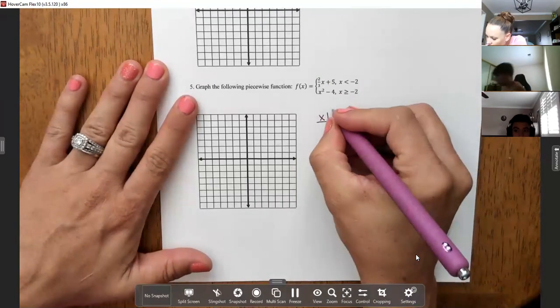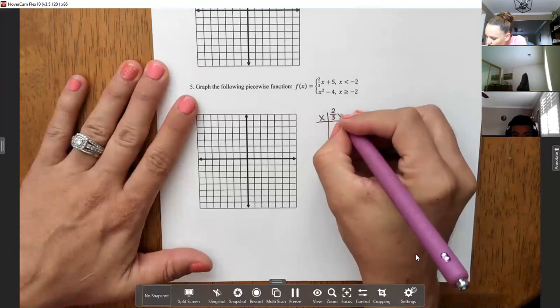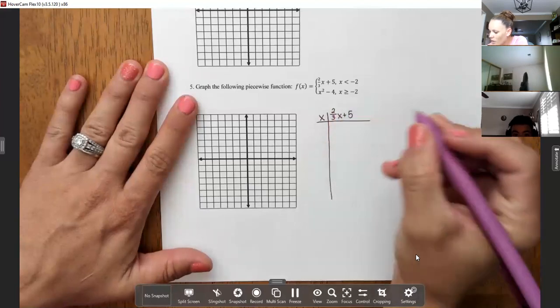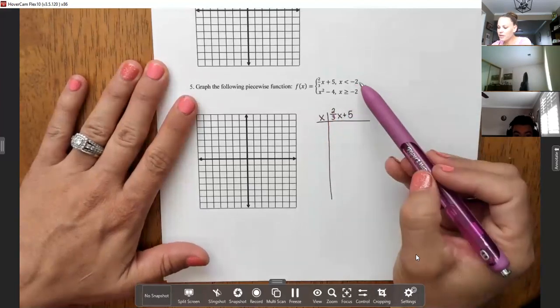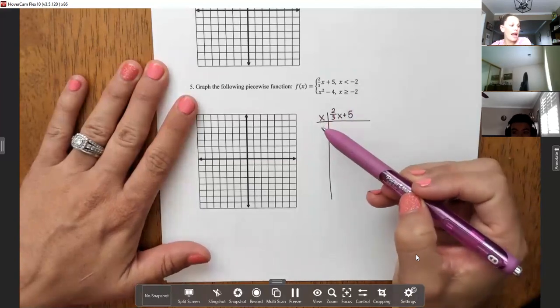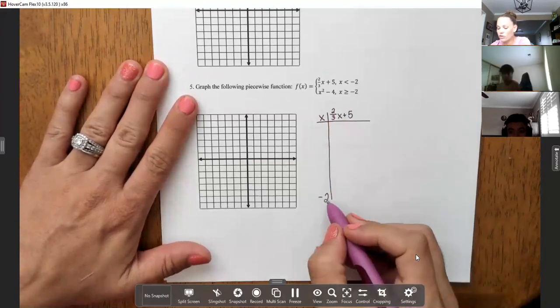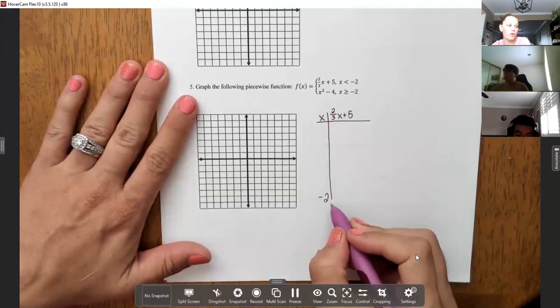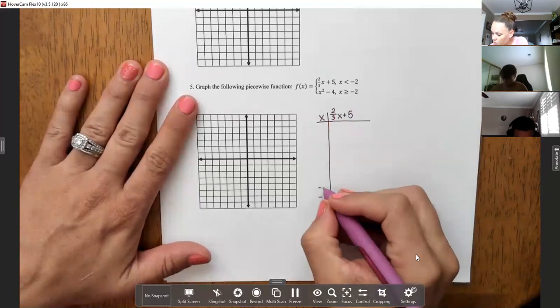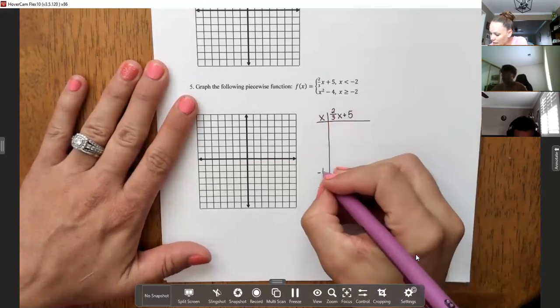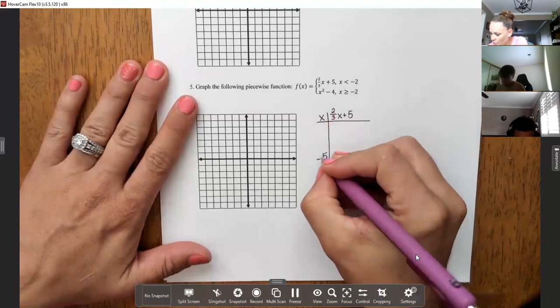So this first one is 2/3 x plus 5. This first piece is when x is less than -2. So your table has to be numbers that are less than -2. So it has to stop at -2. And numbers that are less than -2 would be negative numbers.